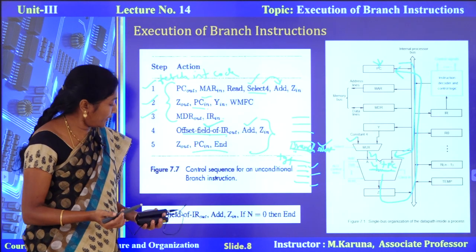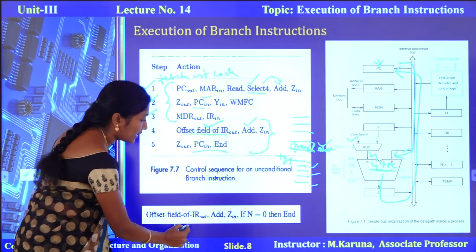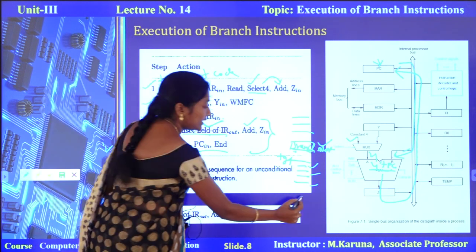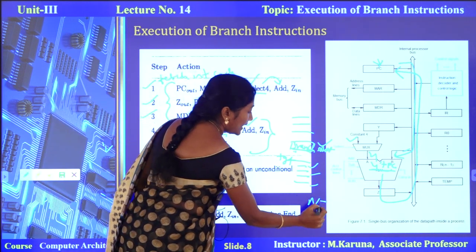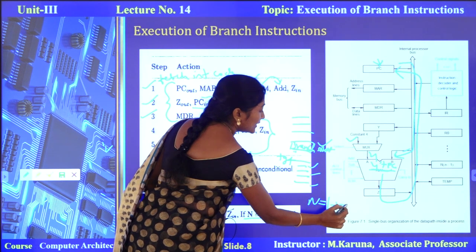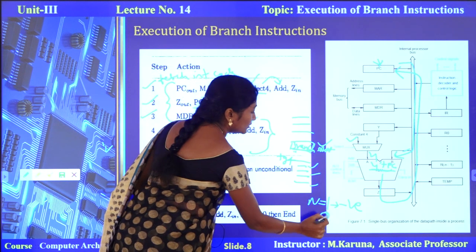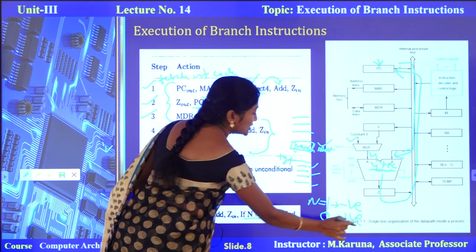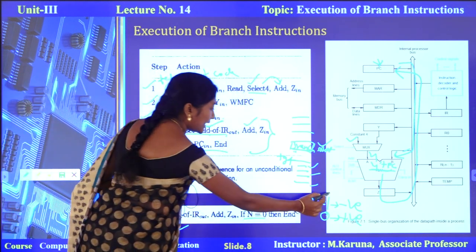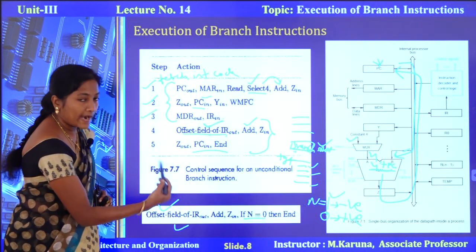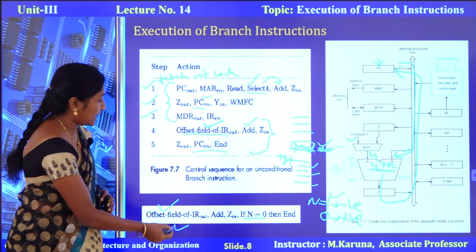If we go for a conditional branch, here the condition flag is n equal to 0. If n equal to 1, that means the output is negative; n equal to 0 means the output is positive. If n equals 1, meaning negative, then this offset address will be added to PC plus 4.